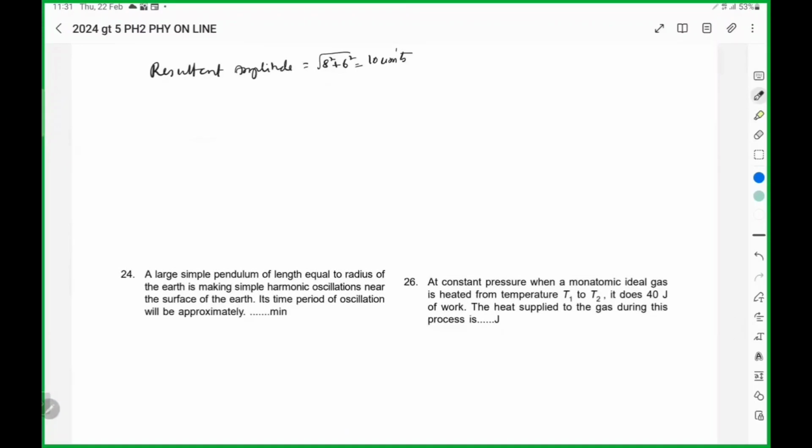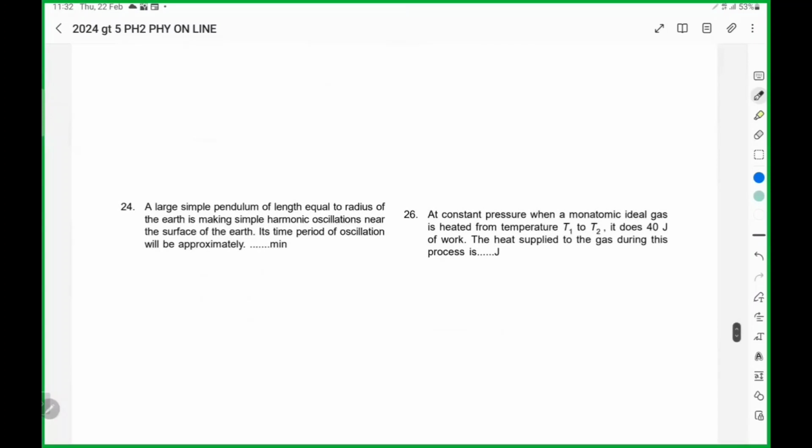So here a large simple pendulum of length equal to radius of Earth is making simple harmonic motion. For a large simple pendulum, time period, we have a formula: T equals 2 pi root of (1 by (1/L plus 1/Re)) by g.